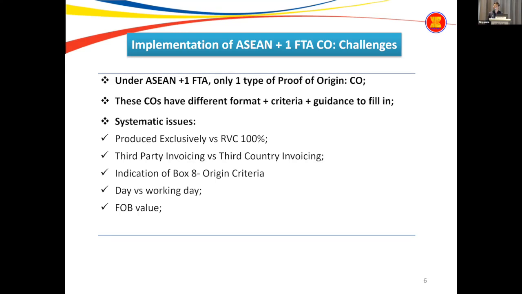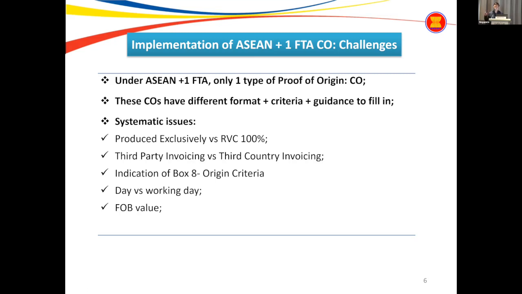So what do you put in the CO form? What should I accept? Because different FOB values give different percentages of RVC. So what is the good solution for it? Cannot answer, right? Then we need to negotiate and discuss.